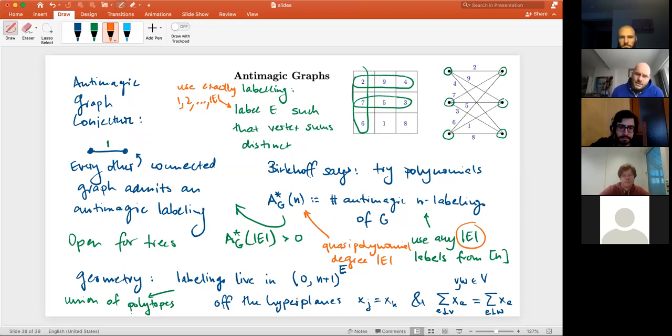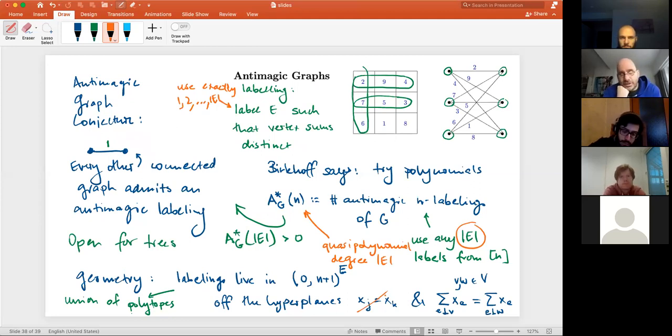So if you forget about having to use distinct labels, you can prove that this quasi-polynomial has period at most 2. And when your graph is bipartite, it has period 1. That means it's a polynomial.